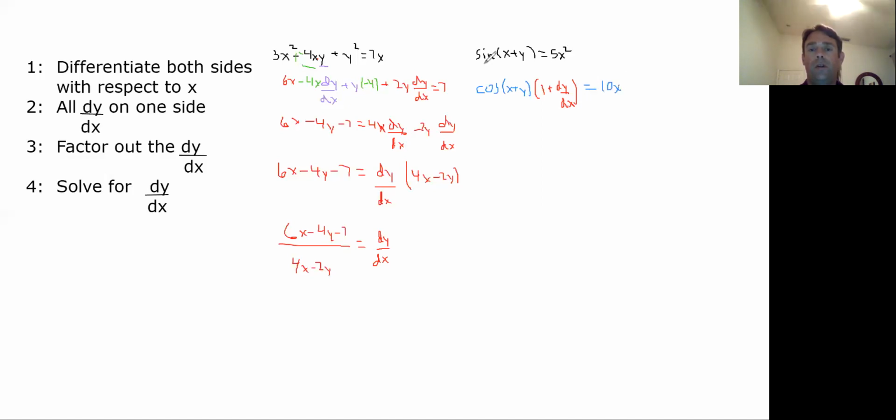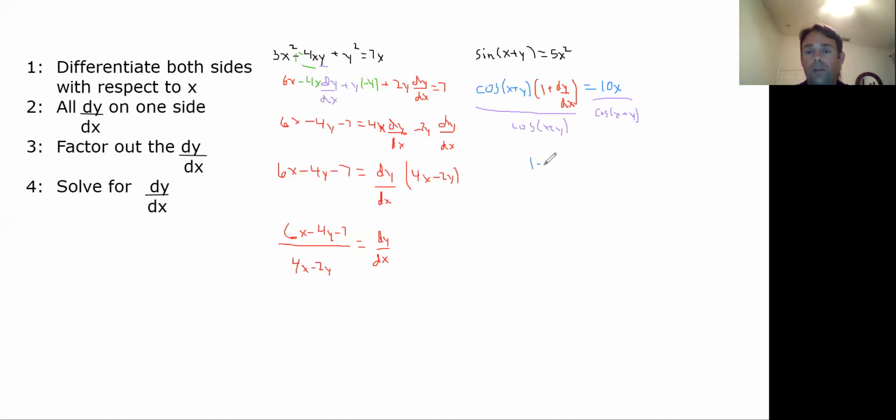So now we got some things we can decide to do here. I'm going to go ahead and just divide out the cosine of x plus y, because the whole point is just to get dy dx by itself. How you go about doing that, it's on you. A lot of times it's factoring. This is one of the rare times it's not.